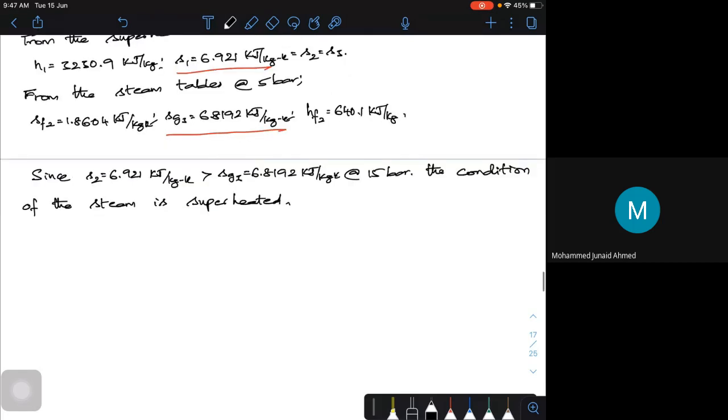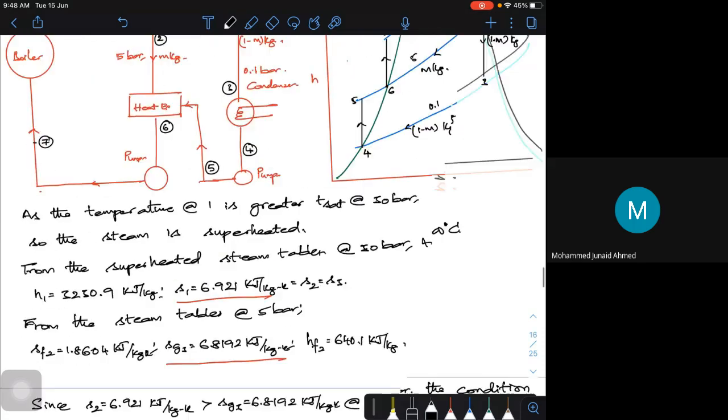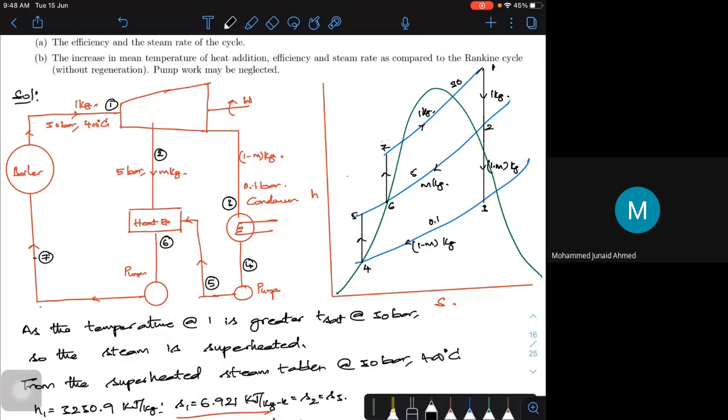So for this, what do you need to do? Therefore, I need to go to the superheated tables and get the values. To find that, I need this temperature. How to get this temperature?